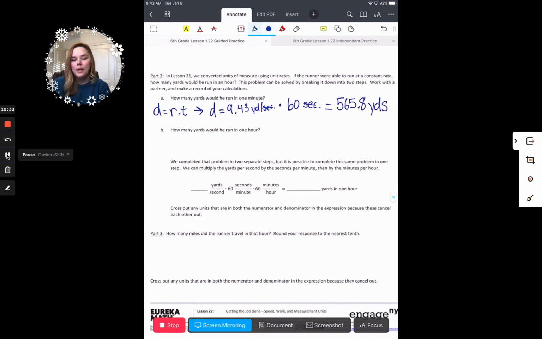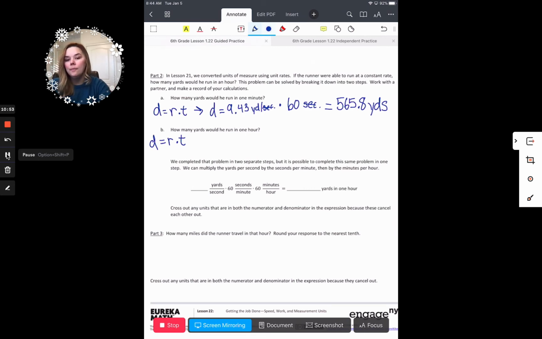So in part B, we have how many yards would he run in 1 hour? Well, we're going to use that same formula, that distance equals rate times time, because we know our rate and we know our time. We just don't know our distance.